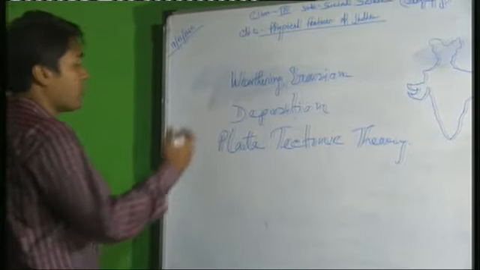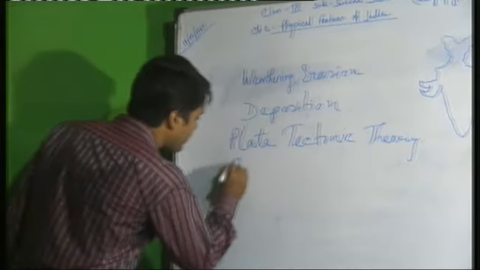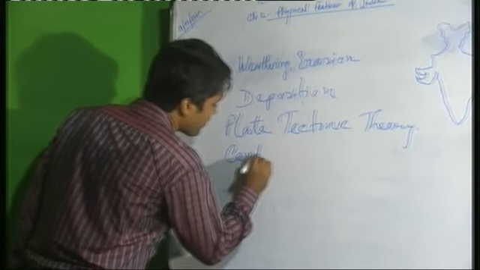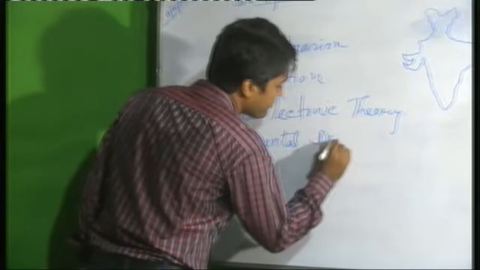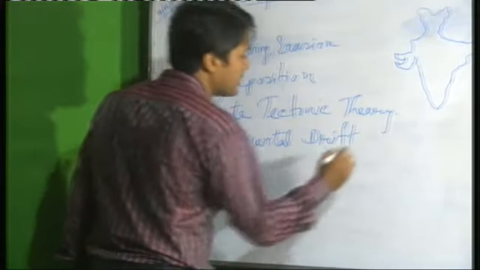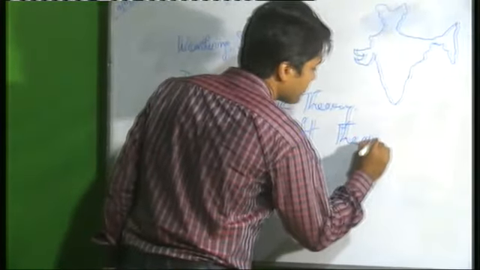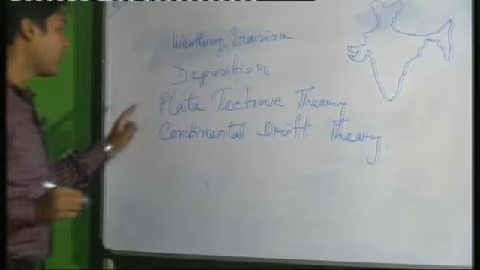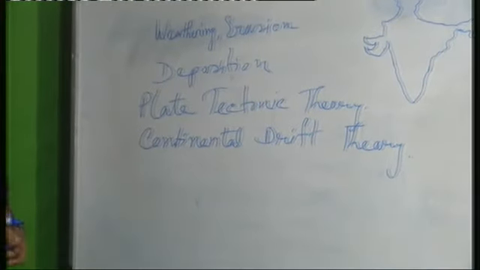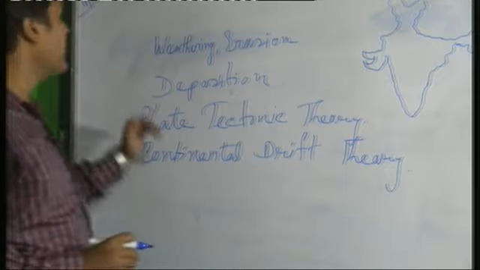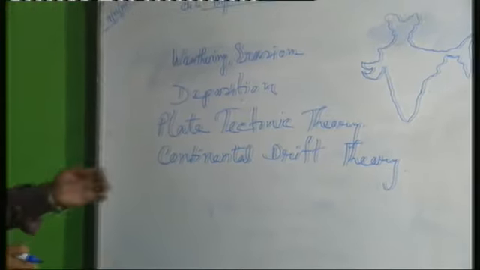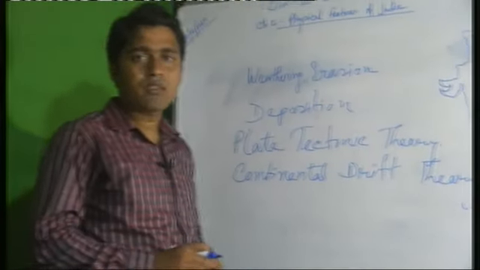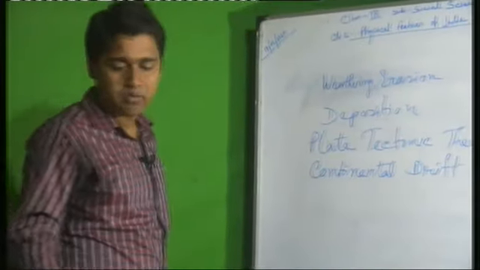Among other theories, there is also the continental drift theory. Plate tectonic theory and continental drift theory, these two theories are very important for the formation of different landforms all over the country as well as all over the world. So plate tectonic theory, now we will discuss.